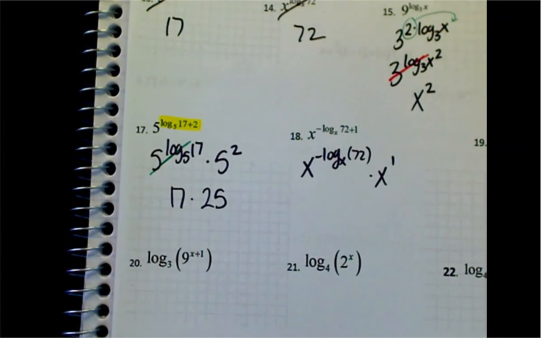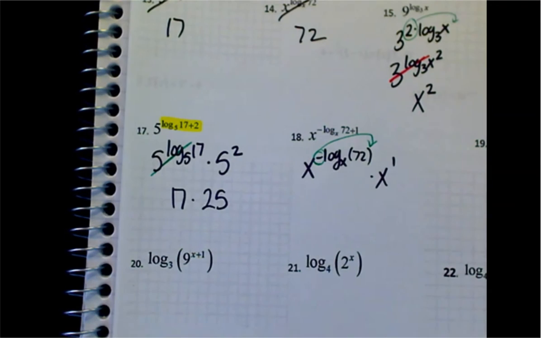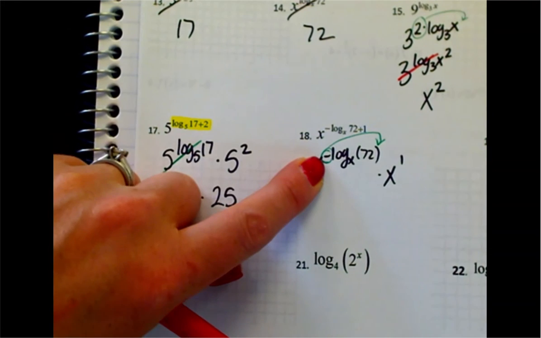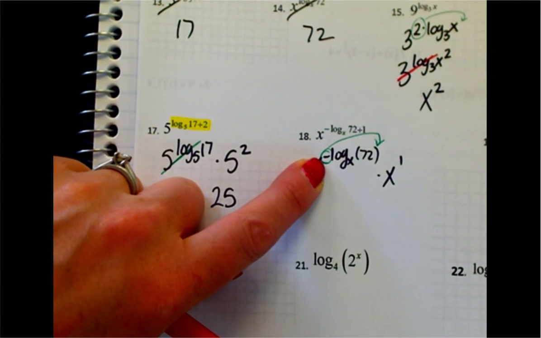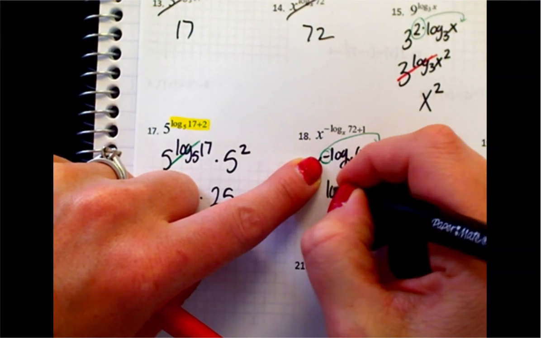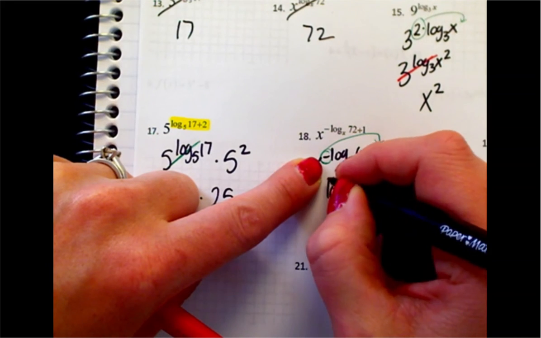This is not quite an inverse property yet because I got this negative hanging around. So I'm going to move my negative to the exponent slot of just this, right? If I cover this, move the negative to the power slot. Log base x, 72 to the negative 1.